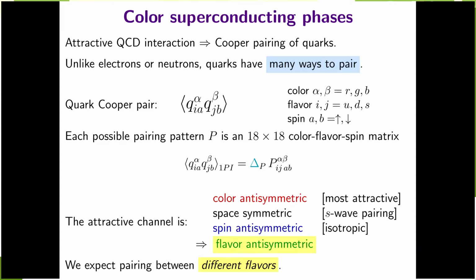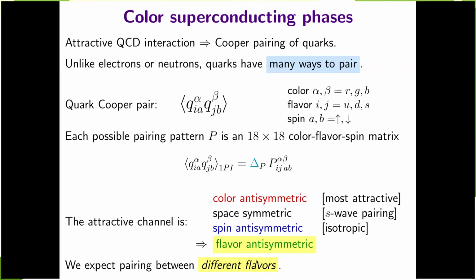So if it's antisymmetric in two things and symmetric in one, we've got to find one more thing that it's antisymmetric in. And so the one remaining thing is flavor. So we can guess that the wave function will be antisymmetric in flavor. Things like, strange up minus up strange. And that means you expect pairing between different flavors, because you can't make a flavor antisymmetric wave function between two of the same flavor. Up, up minus up, up is 0. Okay, so you can only have a flavor antisymmetric wave function if you're dealing with two different flavors.